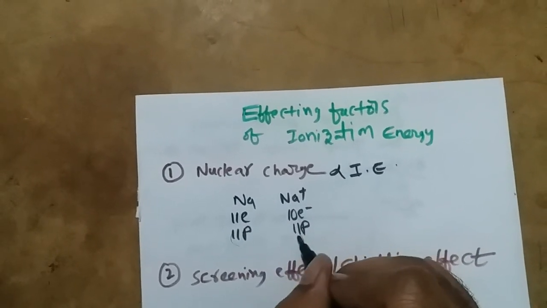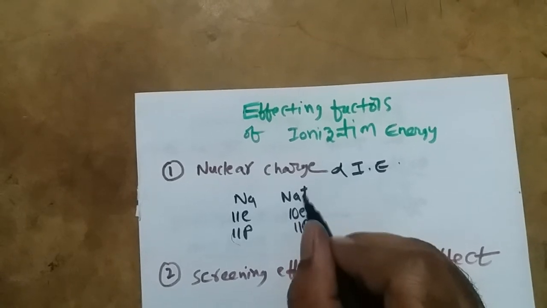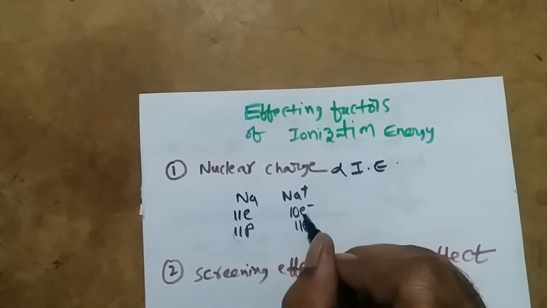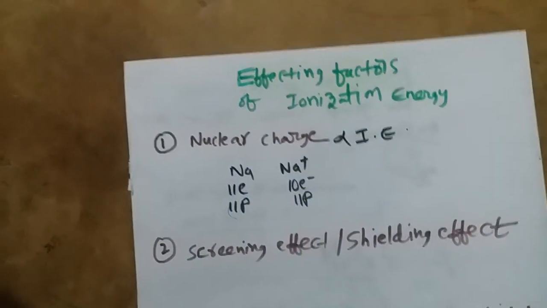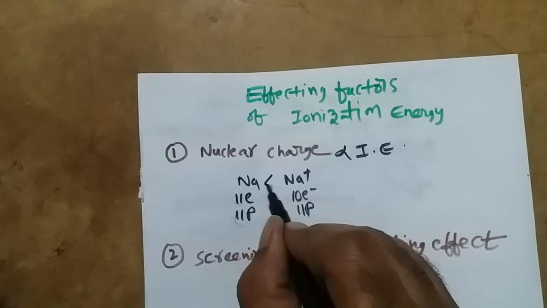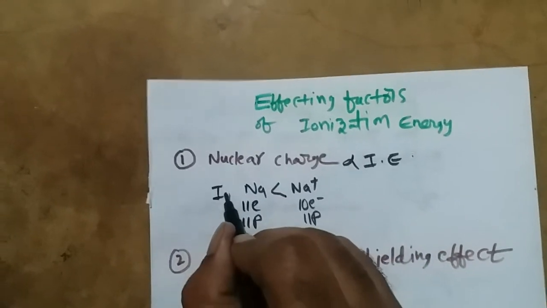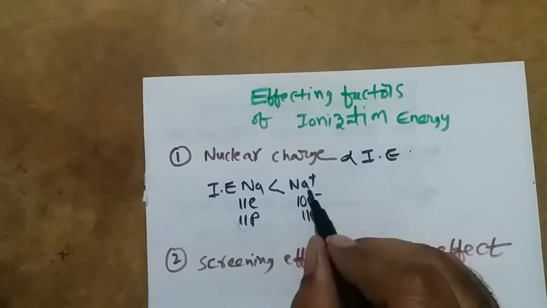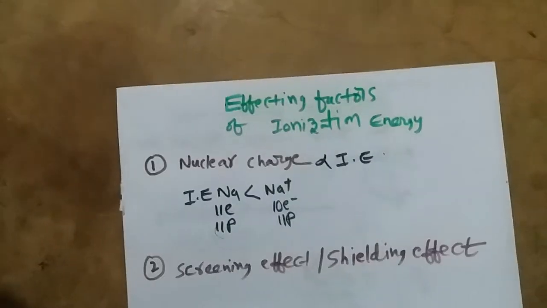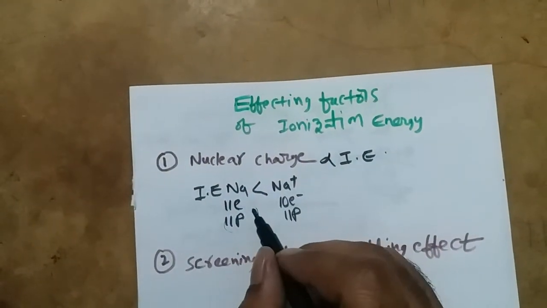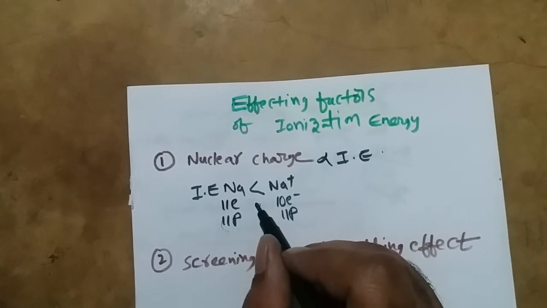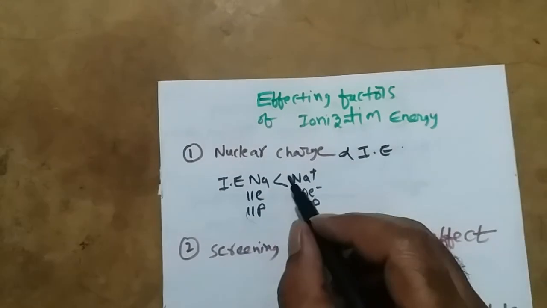So the nuclear attraction force is more in the case of Na+, because one proton is extra compared to the number of electrons. So the ionization energy is also more for Na+ compared to sodium, to remove an electron from the outermost shell.